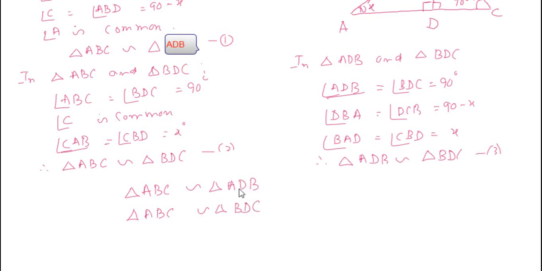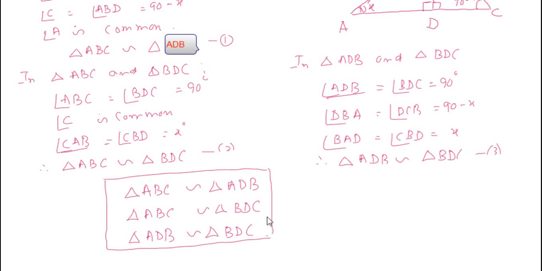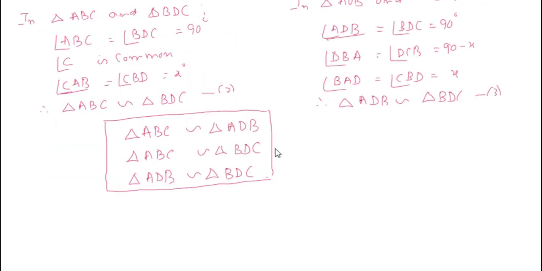Then this triangle ADB is similar to triangle BDC. So we have here three triangles. Each triangle is similar to the other two triangles. Now this relation leads to the next theorem, 6.7.